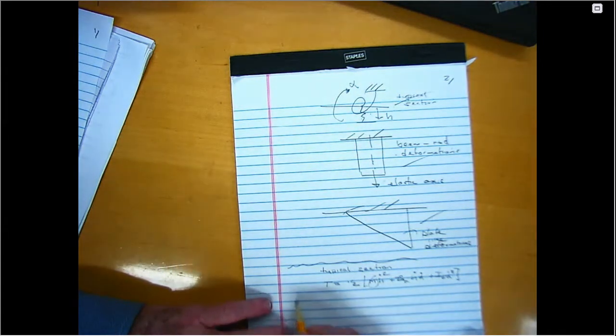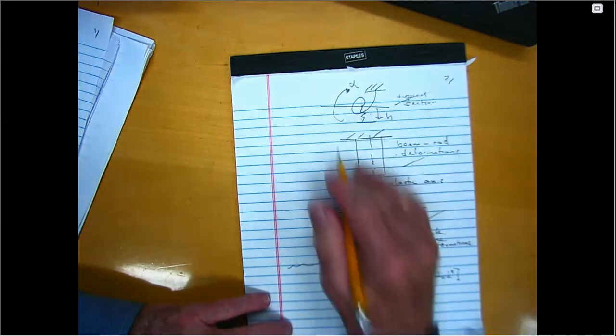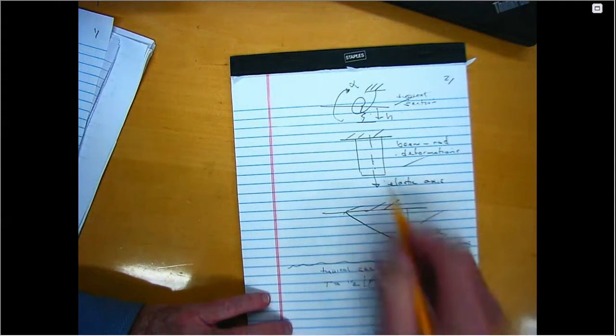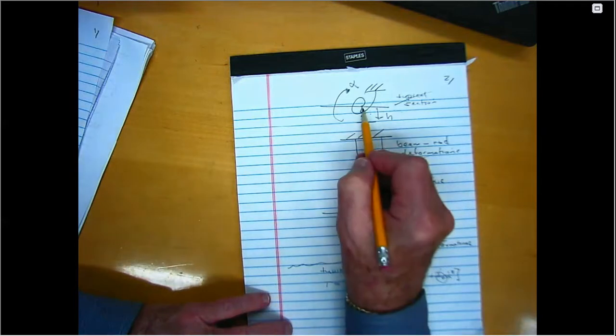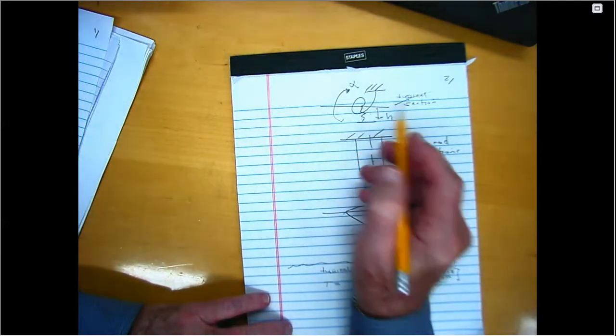This is the total mass of this wing. This is the moment of inertia about this point. And S alpha is the total mass times the distance from the center of gravity, wherever it happens to be, to the elastic axis.